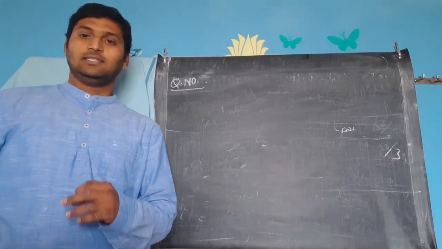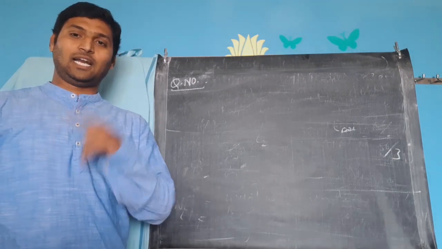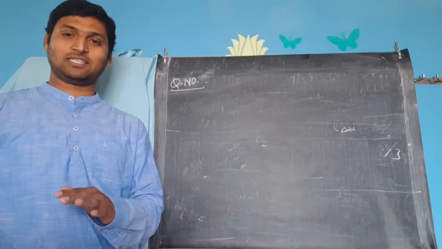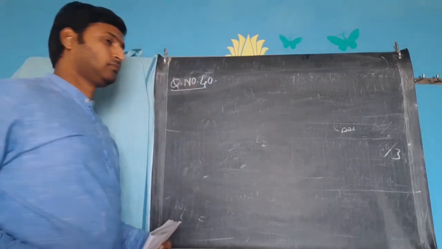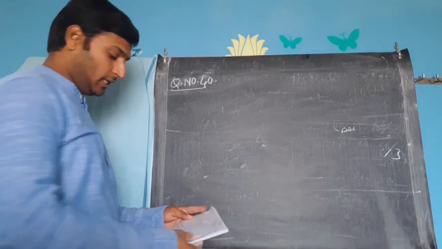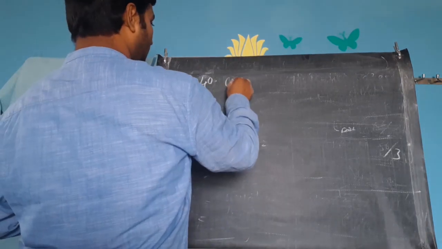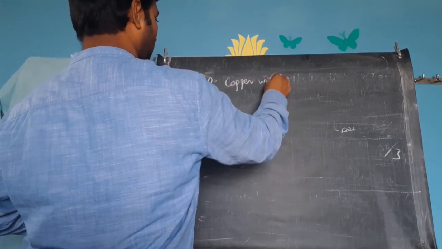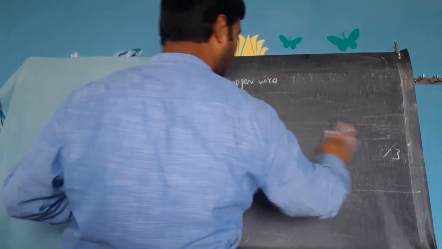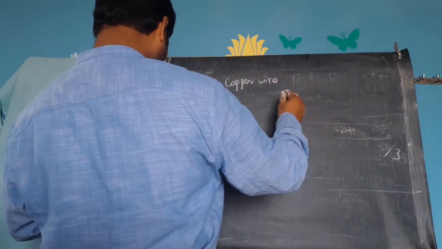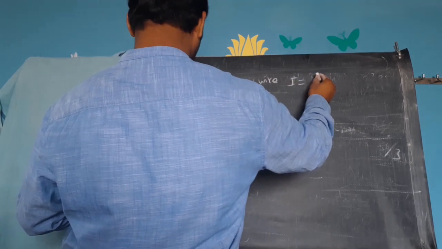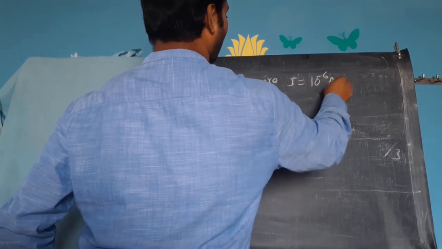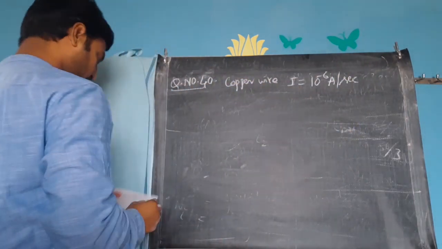See, the 39th question is a repetition of the 35th question, so I am skipping it. We are moving on to question number 40. In question number 40, there is a copper wire, into which a current of 10 power minus 6 amperes is passed per second.